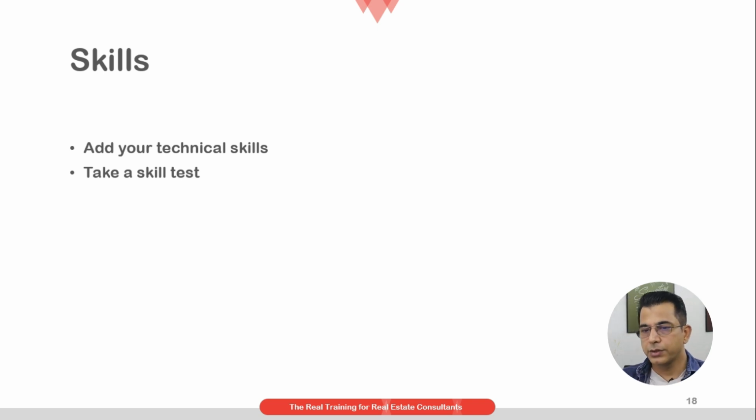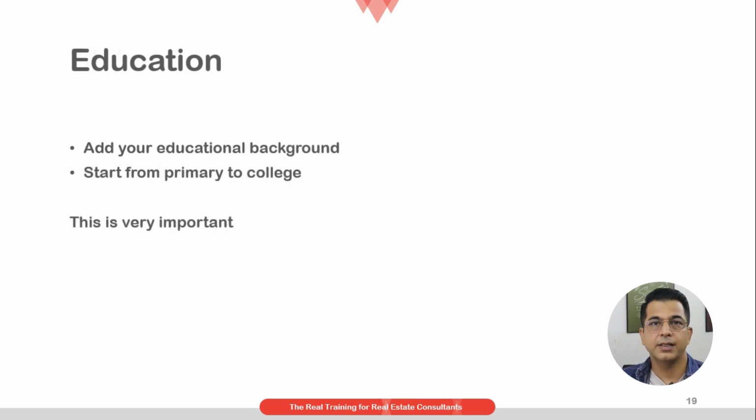Okay. So moving on to the next slide, you have to have your education section filled. It is super important on LinkedIn. You need to add your educational background, starting from primary school up to the highest education you have taken.